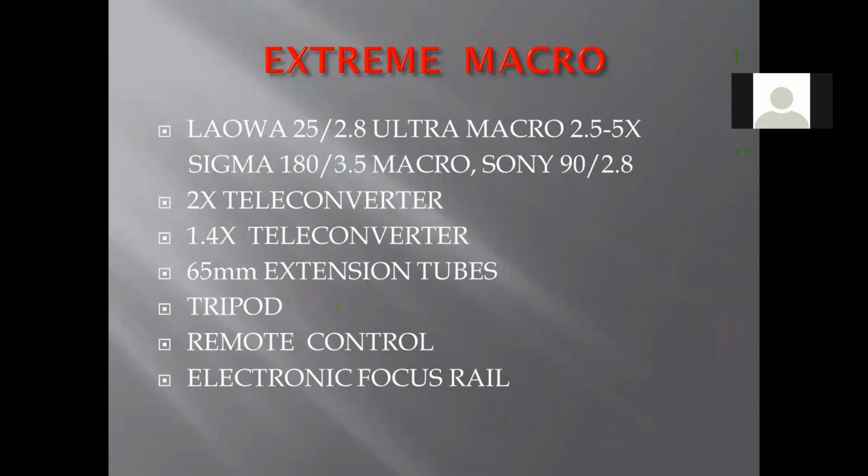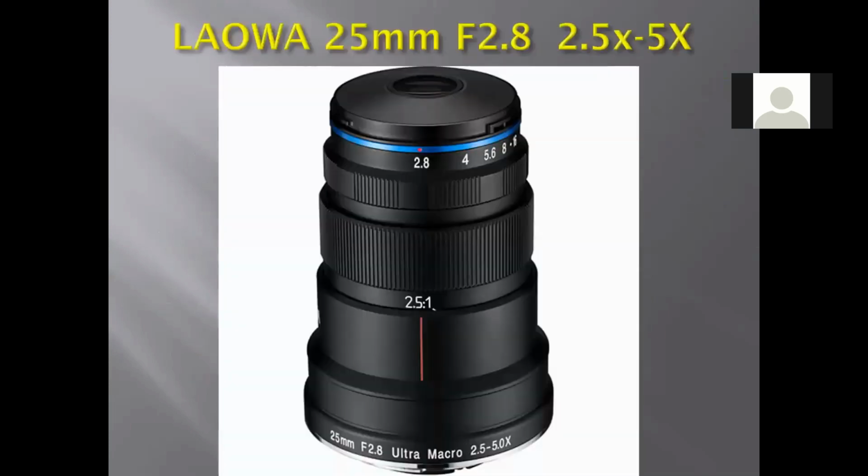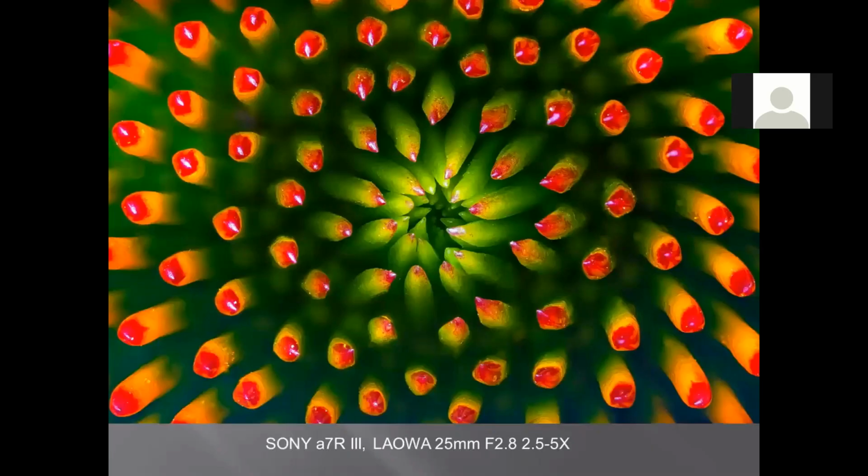And then I can combine the Sony 90mm or Sigma 180 with extension tubes or teleconverters. And of course, there are these extension tubes, tripod, and electronic rails. And this is the lens that I just mentioned. So, and a sample of how a flower can look.